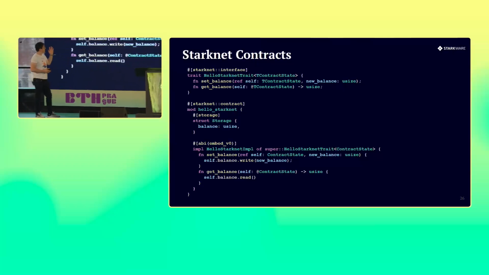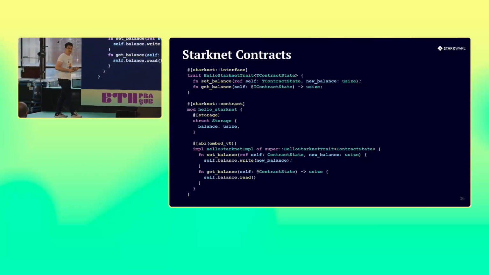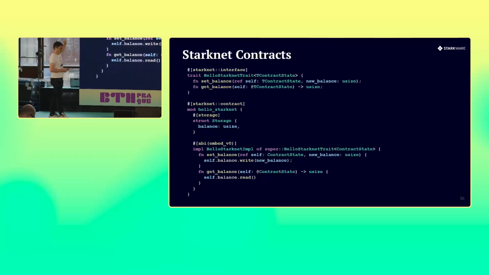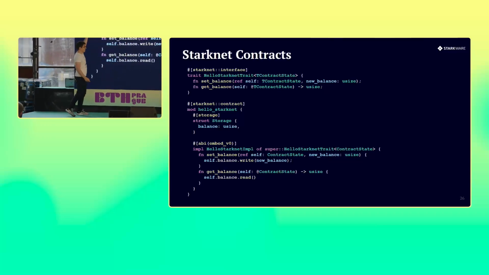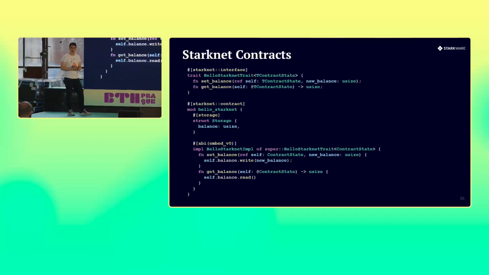This is maybe the most basic contract you can write in Cairo. At the top, we have an interface that we define for the contract. We have set balance and get balance, nothing fancy. Here we have a storage that we define for the contract.